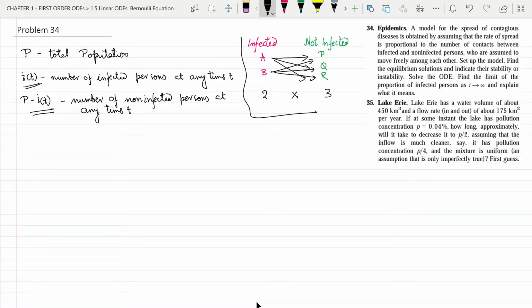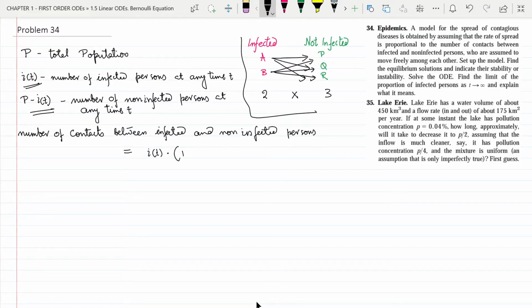So we can write the number of contacts between infected and non-infected persons is I of t multiplied by P minus I of t. Now in the question it is given that the rate of spread is proportional to the number of contacts between the infected and non-infected persons.